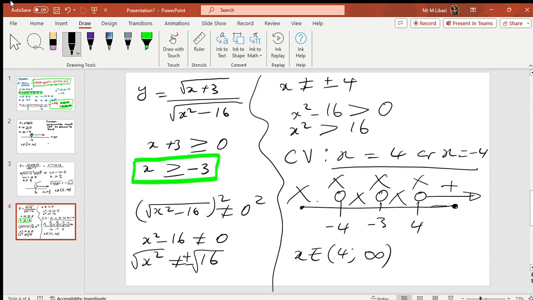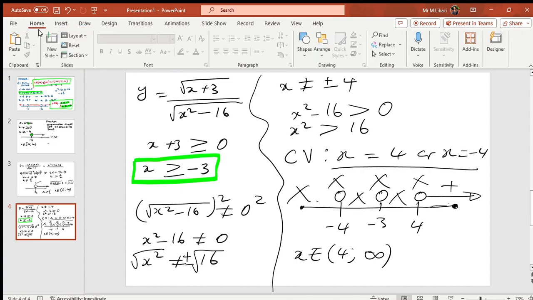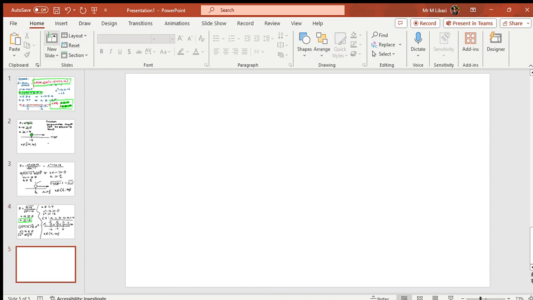So what I meant when I was saying the composite function, I won't stick much. Let's say you are given f of x is equal to root x, and then you are given g of x is equal to x squared plus 1. So you want the domain of a composite function. They are saying maybe the first question, find the composite function.